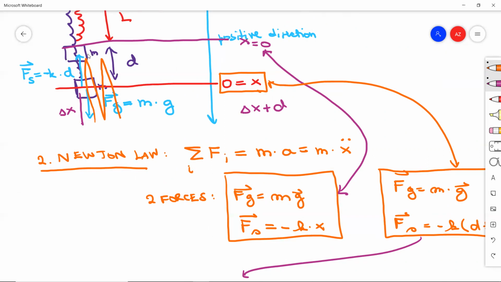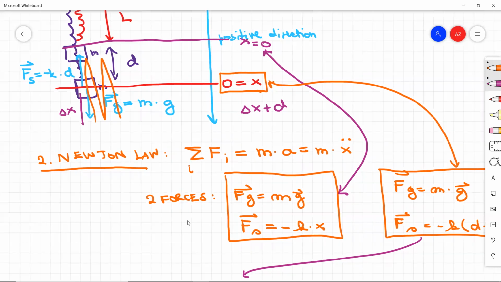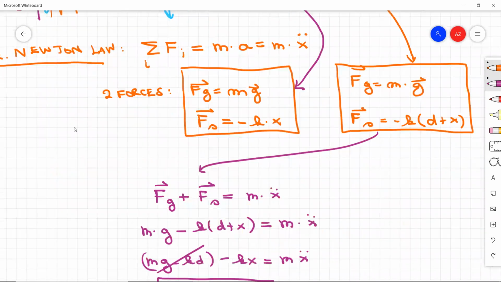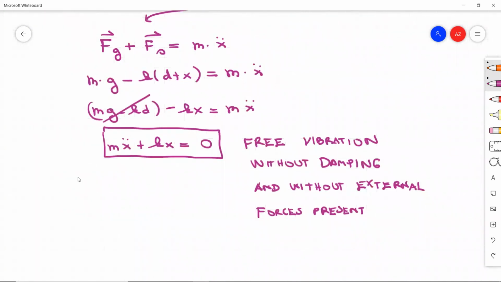It's a little bit in contradiction with real life, because in real life we have air resistance, we have spring friction. But if the only forces would be gravitational force and spring force, then this is what we expect to happen.